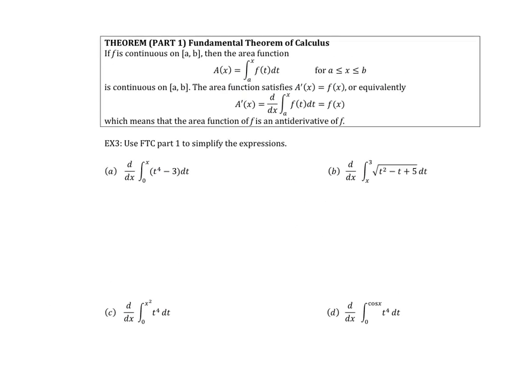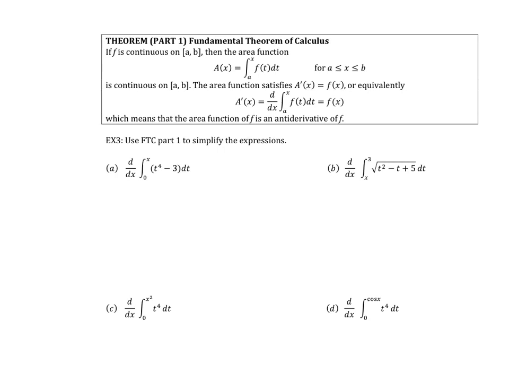If we look at this next box here, which is almost to where we want to be. This is the fundamental theorem, but it's only part 1. So usually we just say FTC for fundamental theorem of calculus. So our fundamental theorem of calculus says that if you have some area function, and notice that this is an equation, then if you take the derivative of your area function, it should be equal to your integrand, which means it's the antiderivative.